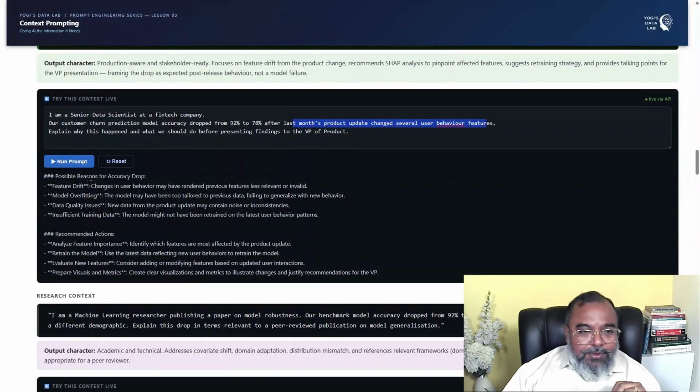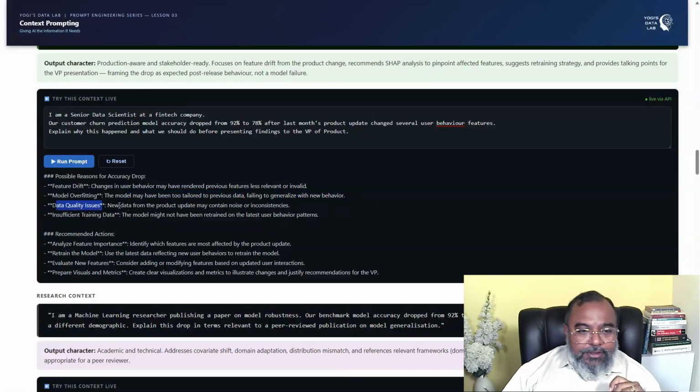So it says the possible reasons for the accuracy drop could be feature drift, where changes in user behavior may have rendered previous features less relevant or invalid. You could have model overfitting, where the model might have been too tailored to previous data, failing to generalize to new behavior.